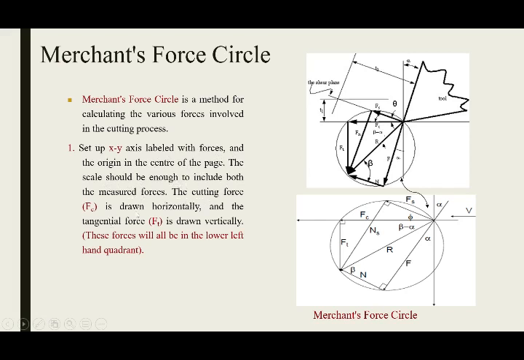The cutting force is drawn horizontally and the thrust force Ft is drawn vertically. This is the origin, this is the tool. This is the normal, this is the face of the tool and this is the angle alpha, that is the rake angle. Now this is a horizontal line, this is a vertical line.